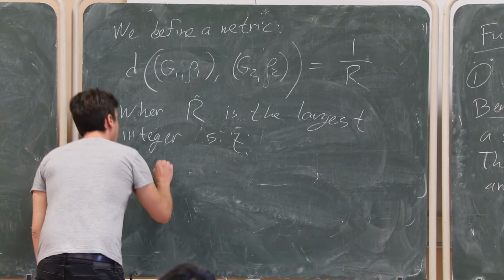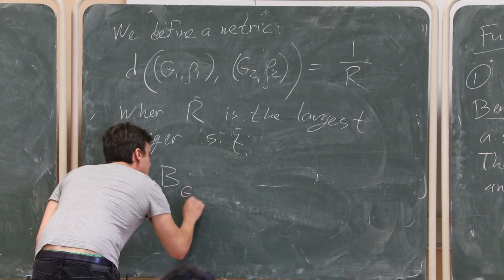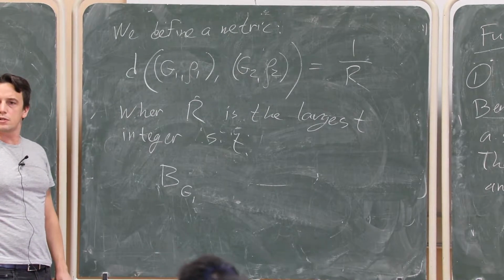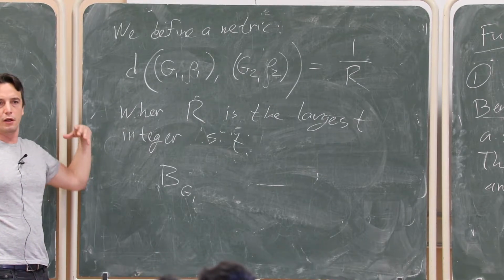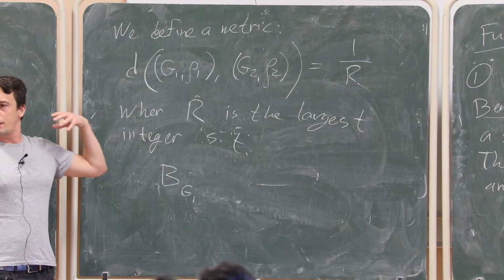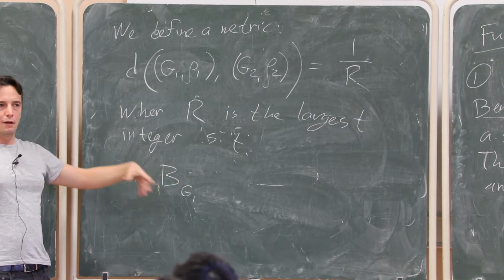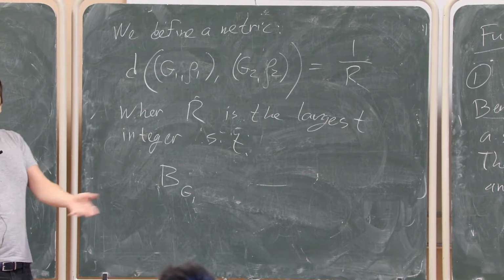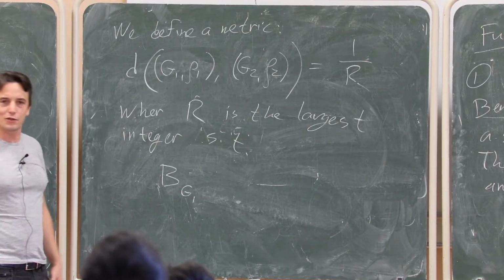So such that the ball in G1, this is going to be my notation, and there's always going to be confusion between when I'm writing Euclidean balls and when I'm writing graph distance balls. I'm going to try to make it clear, but the honest truth is I'm always confused by this notation as well.